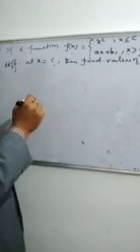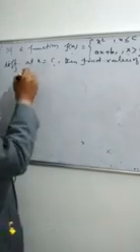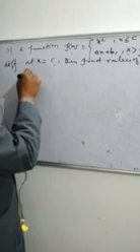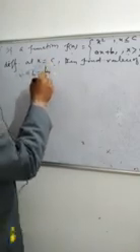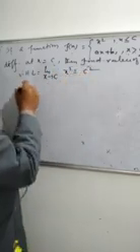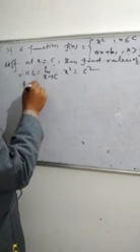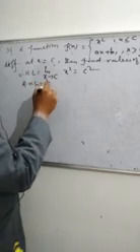At first we test continuity. The LHL value is limit x tends to c of x square, which equals c square. The RHL value is limit x tends to c of ax plus b, which equals ac plus b.